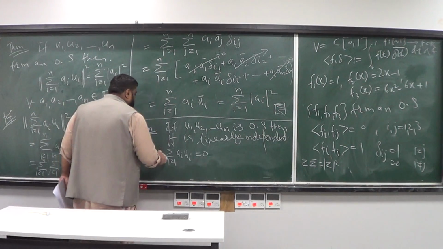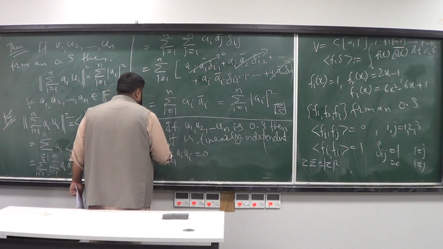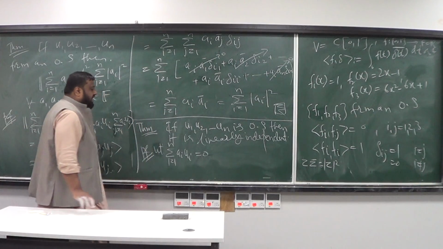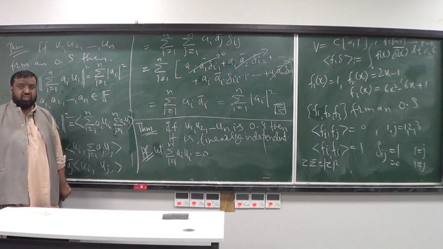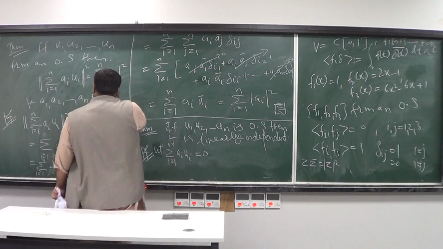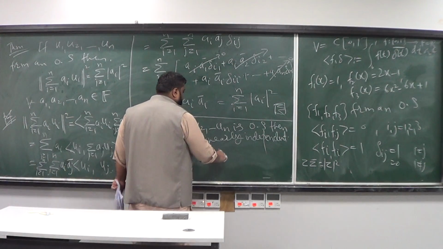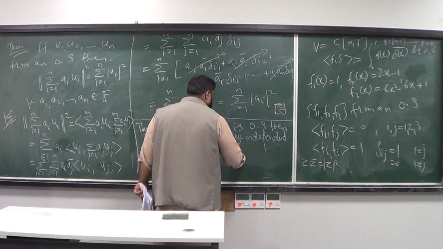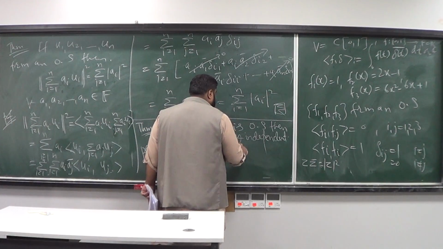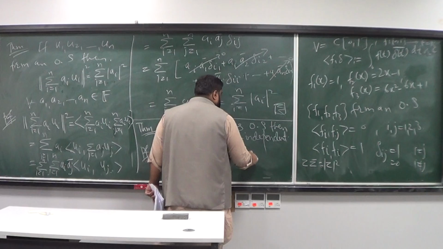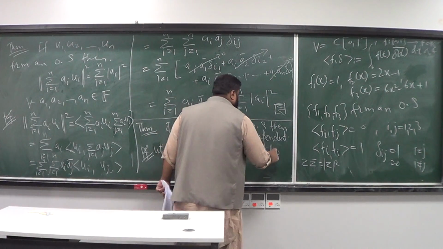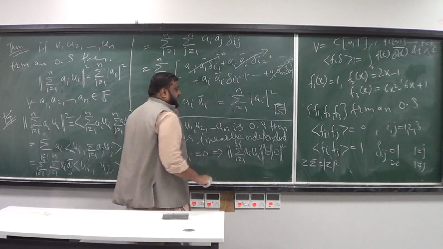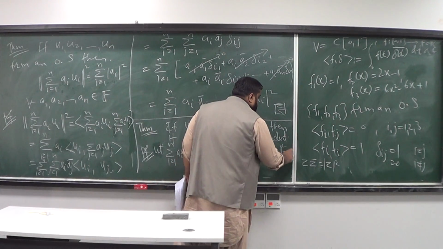So suppose you assumed a linear combination of these orthonormal vectors and equated it to 0. By this theorem, if you take the magnitude squared of this sum of ai ui, it would be equal to the magnitude of the zero vector squared, and the magnitude of a zero vector is equal to the number 0.